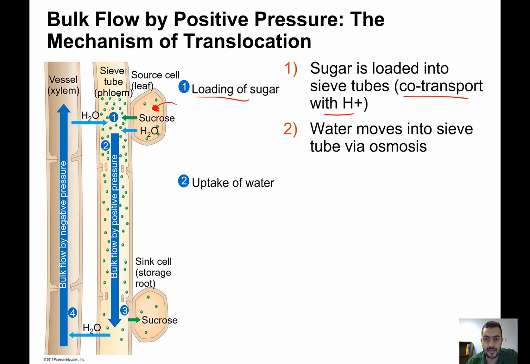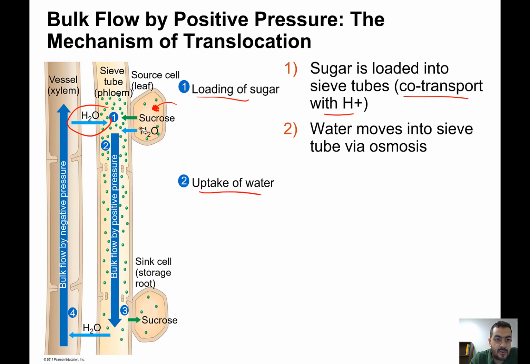What will happen next is the uptake of water. This water will go into the sieve-tube element, either through the xylem vessels or through the mesophyll cells.